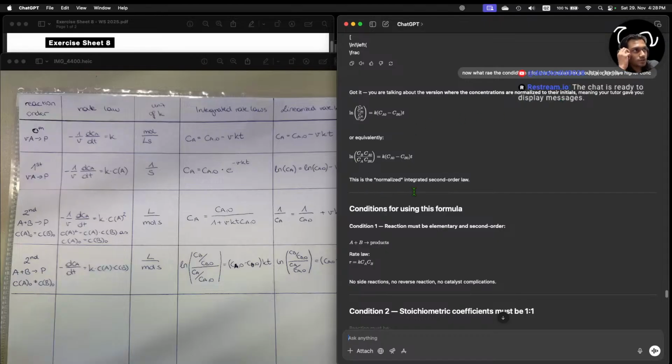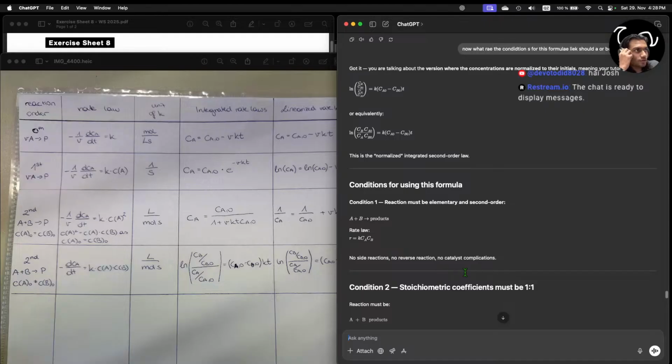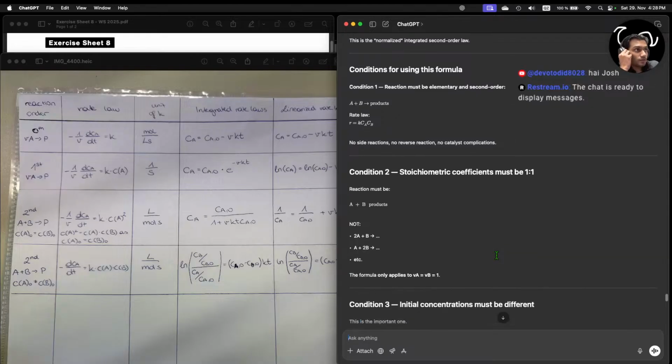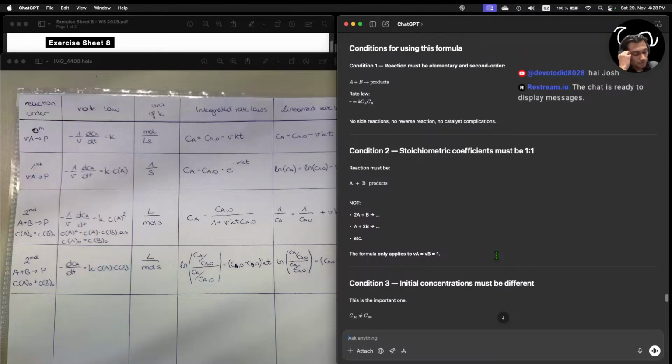This is the normalized integrated second order law. The condition for using this formula: no side reaction, no reverse, no catalyst. Stoichiometric coefficients must be 1:1. What if stoichiometric coefficients are different? How is this equation gonna be changing?